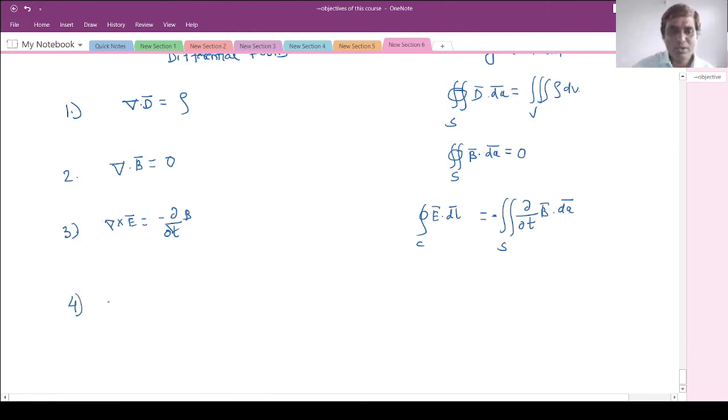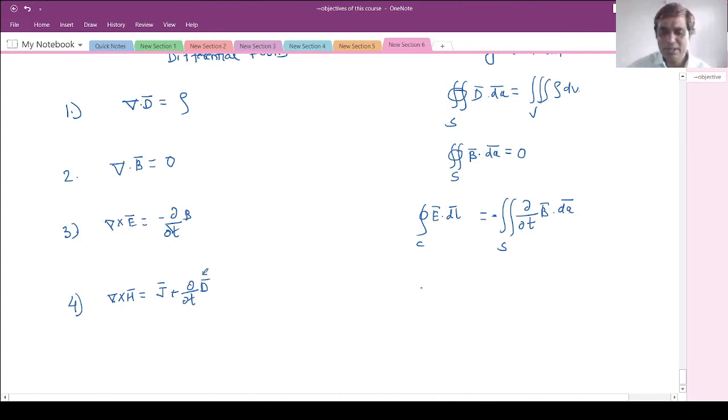Now the fourth law is called modified Ampere's law, and this is the curl of H, that is the magnetic field strength, which will be equal to the total current, the addition of two terms, that is the conduction current density plus the rate of change of the electrical displacement vector.